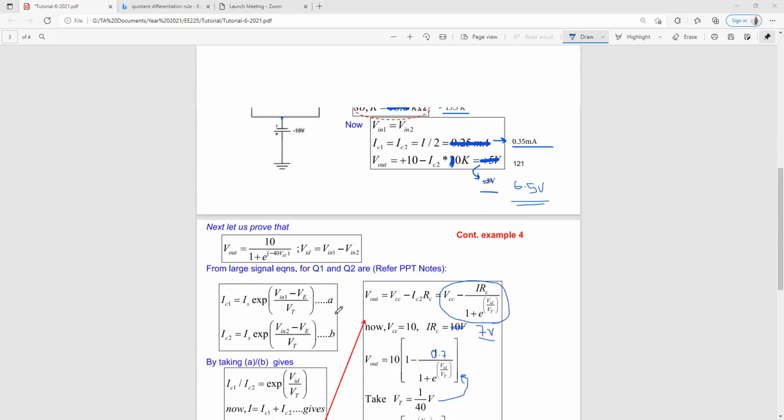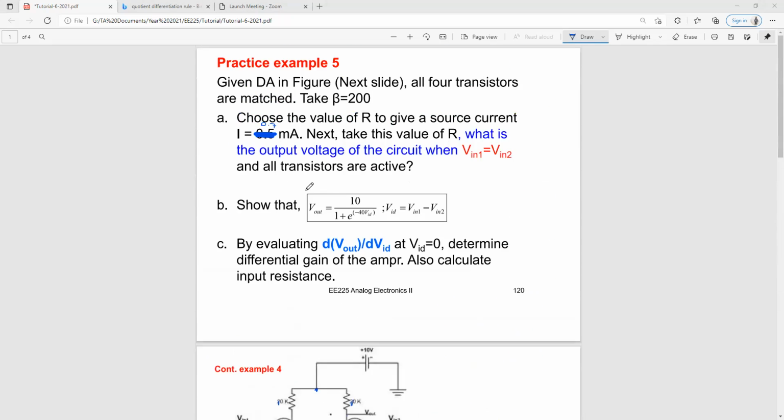Moving on to the second part of this question, it says we have to show that our V out is equal to this. There's an error. The V out equation cannot be the same for the question given in your lecture slide as the one given in your tutorial, because the values are different now.